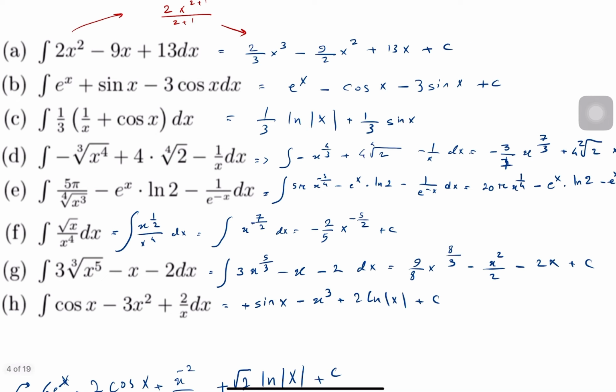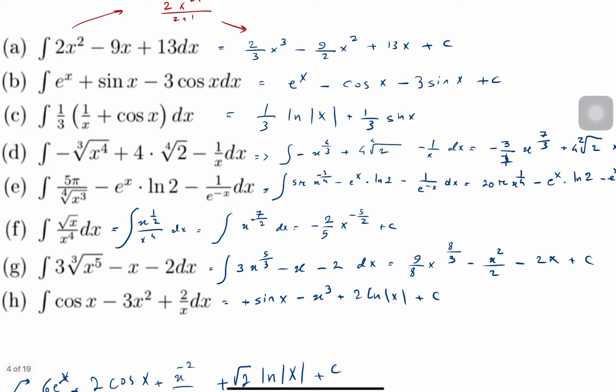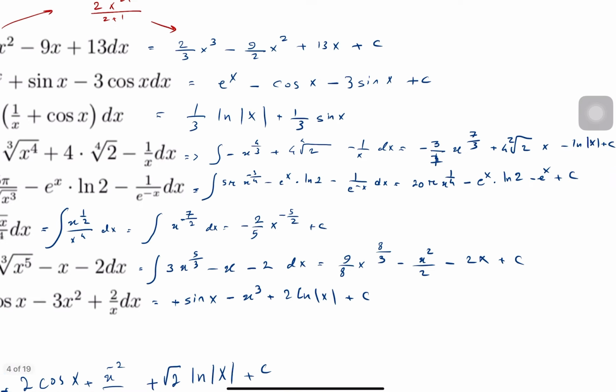And when we have a power with a radical, it is best to simplify it, because we can write x power 4 per 3, and this is just a number, and 1 over x is again 1 over x.